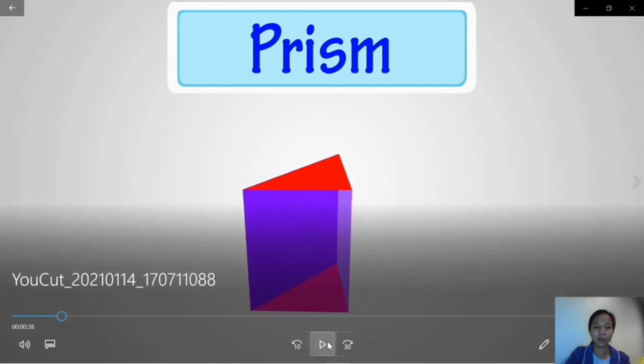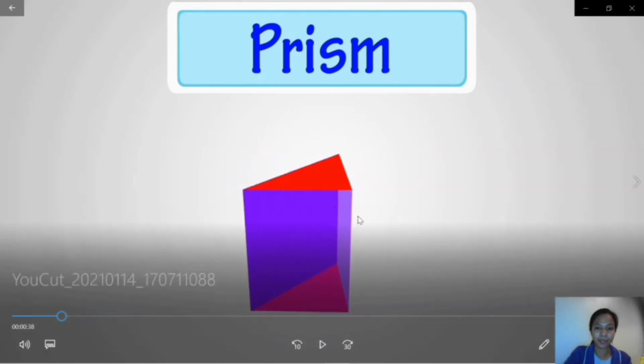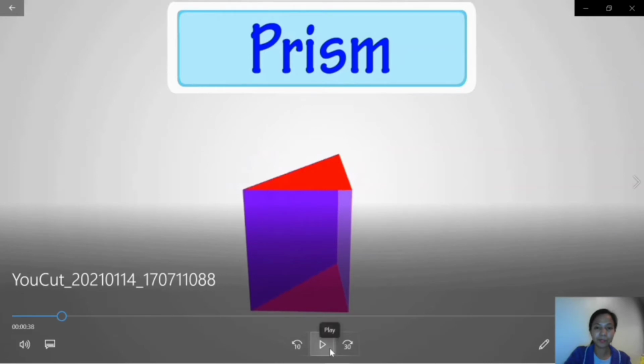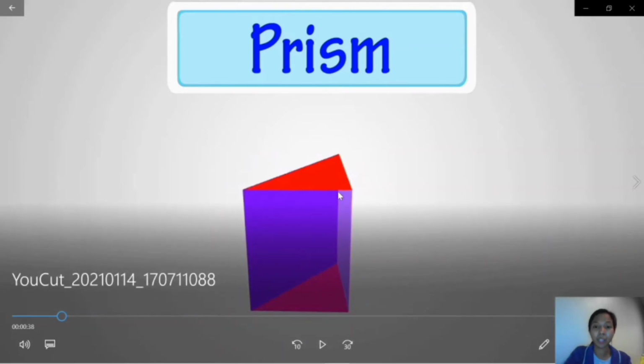So that is called a prism. The top and the bottom faces are the same shape and size.